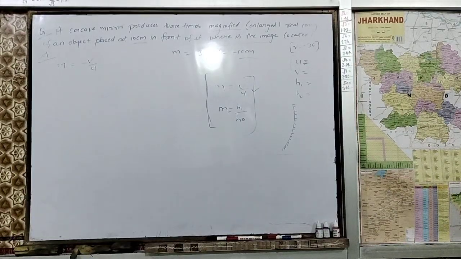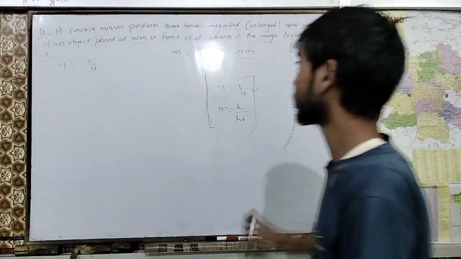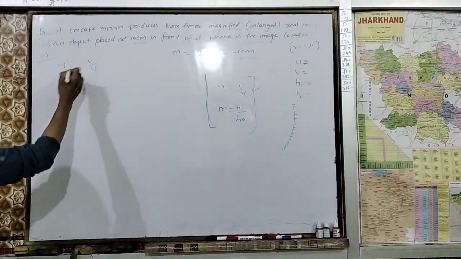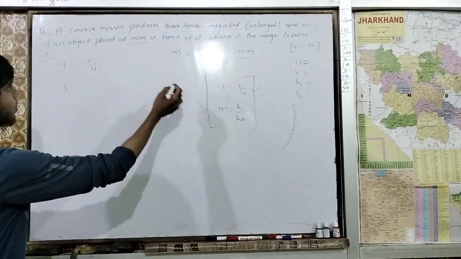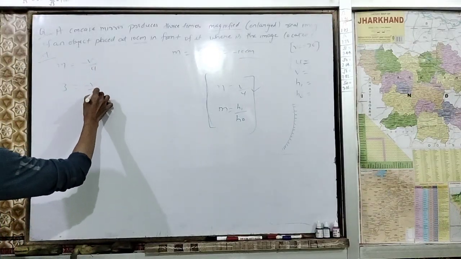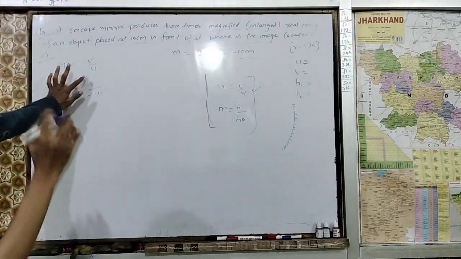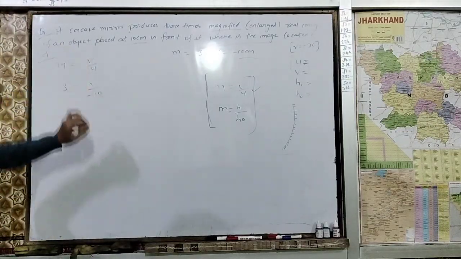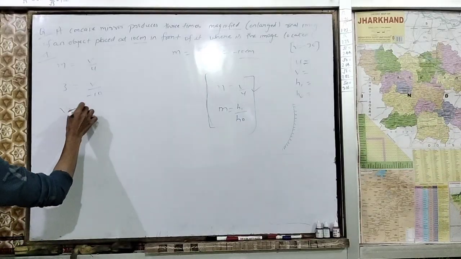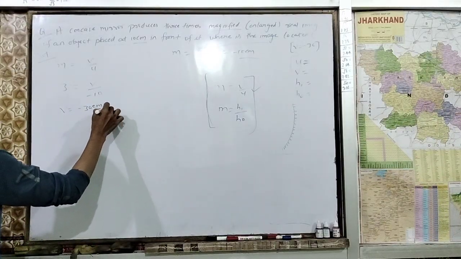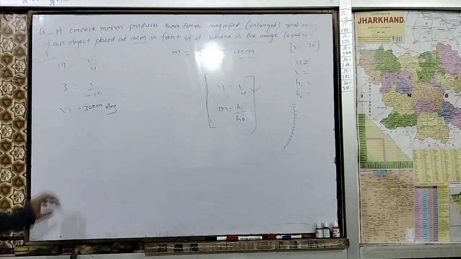These are the points that are given, we have written them over it. Now magnification is 3 and v is how much? We don't know. u is minus 10. So v is coming out how much? Minus 30 centimeter. This is what we had to find.